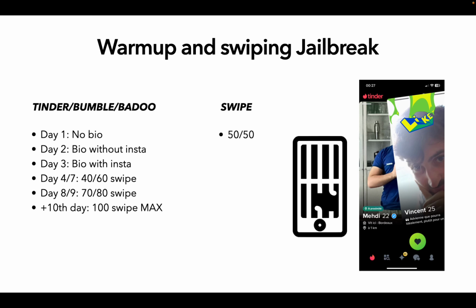So Tinder and Bumble, especially Tinder, are the Rolls-Royce of DA. And it's very complex to have effective long-term accounts on this type of DA. And especially with such a fast warm-up, that's why I say that 48 hours to get traffic with Tinder and Bumble on the DA method is still exceptional.